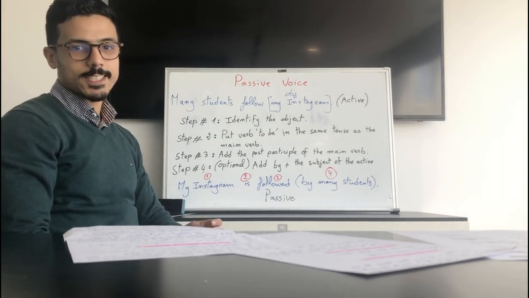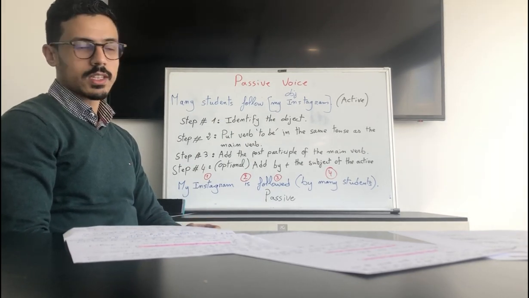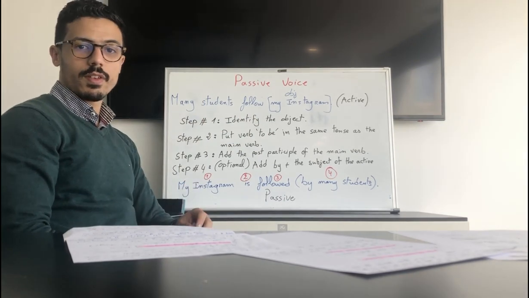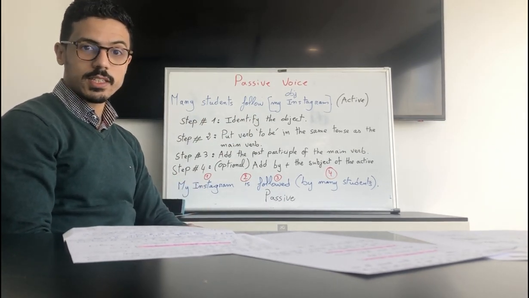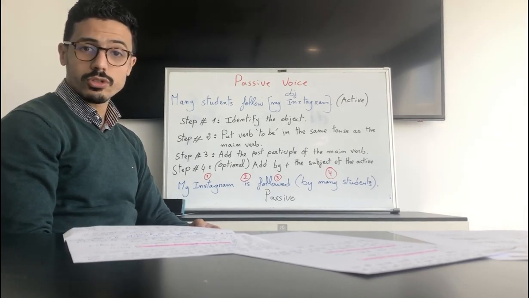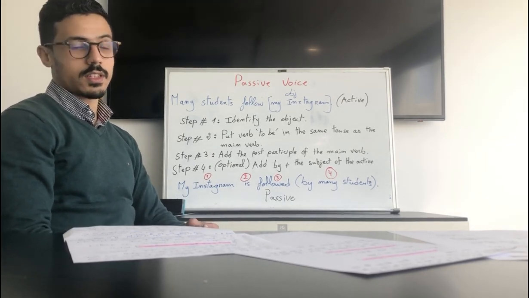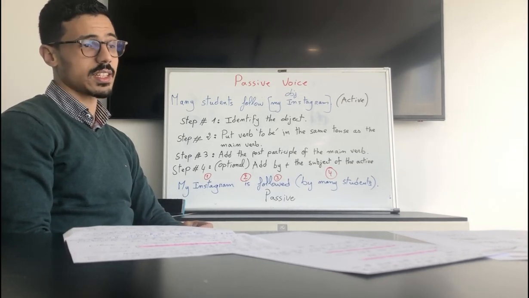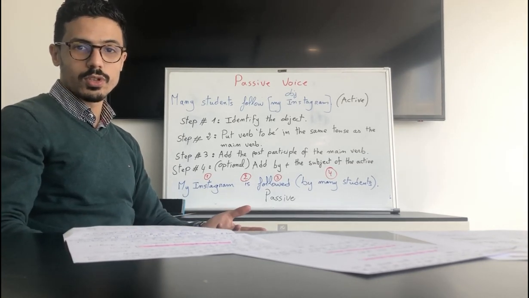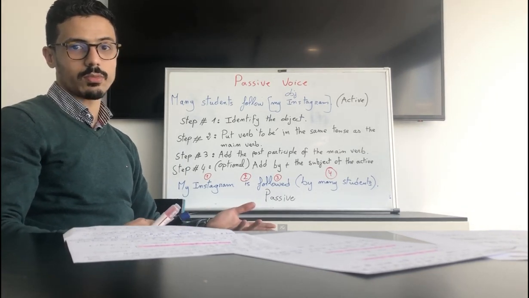The answer is no. A sentence can have a verb in the simple past, present continuous, or future. It depends. That's why we have to be very careful. And that's why I'm going to provide you with more examples now.